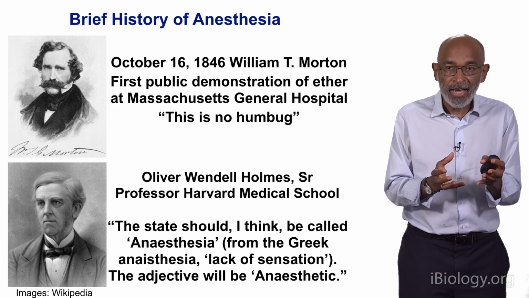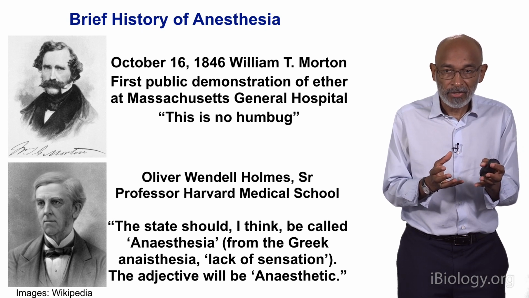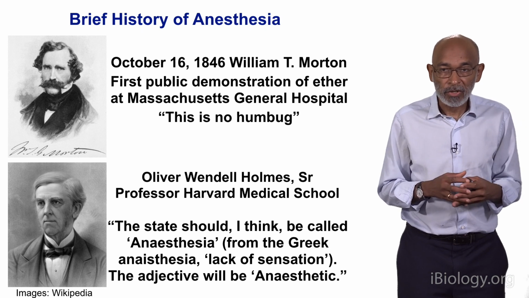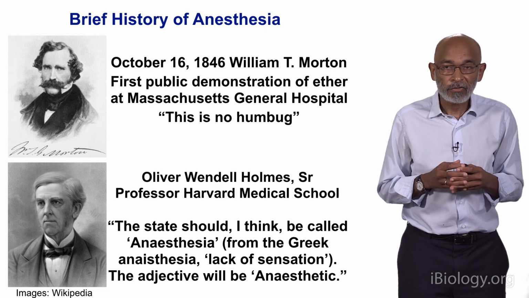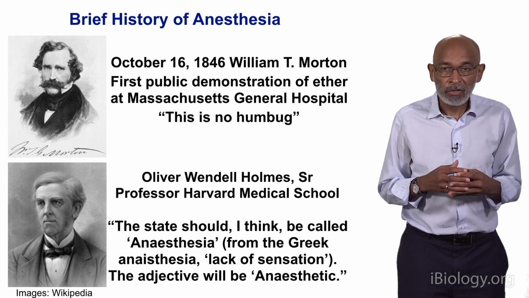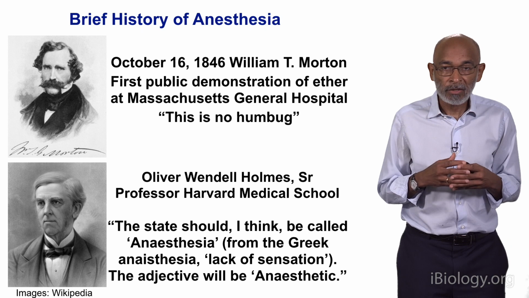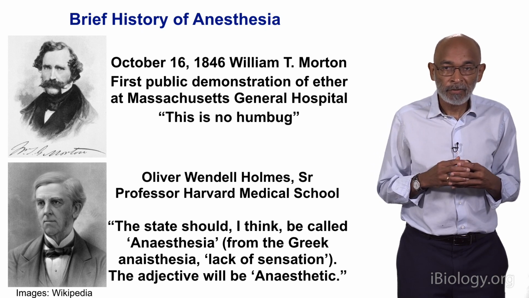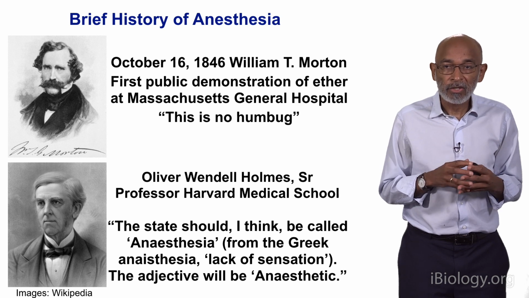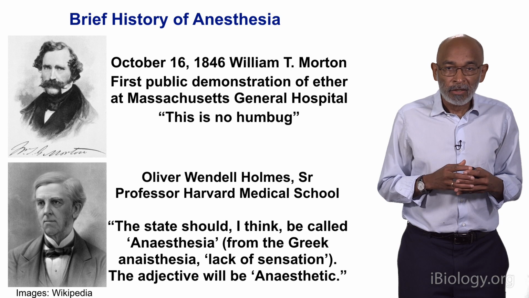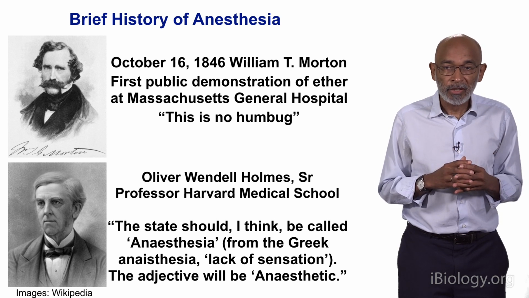Morton built these very nice solid glass flasks, and he had sponges inside that were soaked with ether. He held the flask in front of Abbott's face. He inhaled the ether. He was rendered insensate. Warren performed the surgery, and afterwards he said, "This is no humbug," meaning this was the real deal. And that was a revolutionary event.